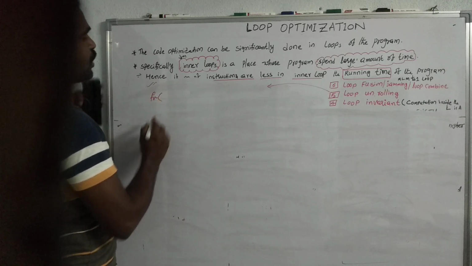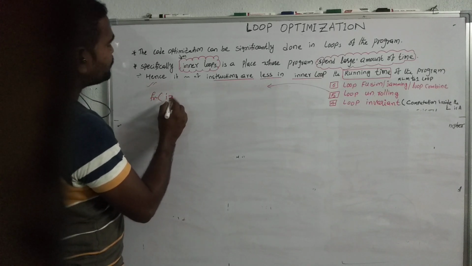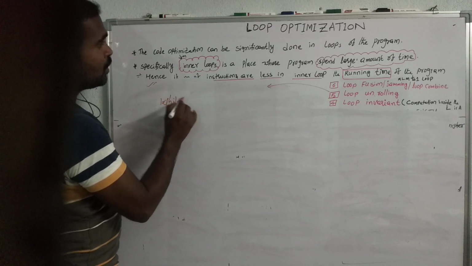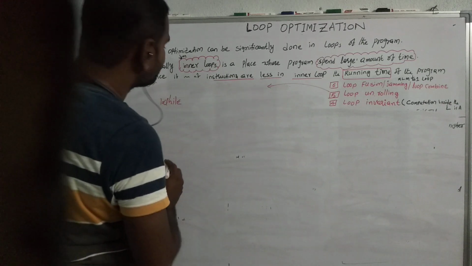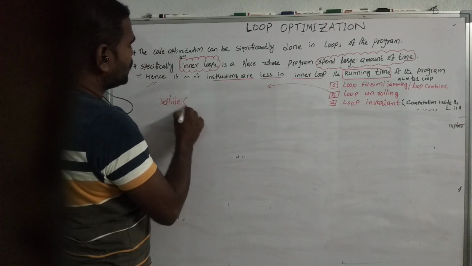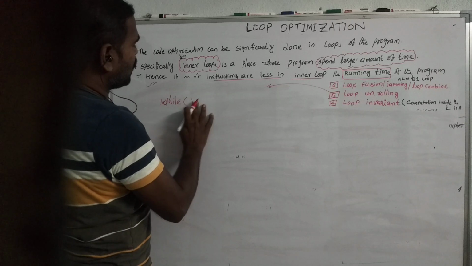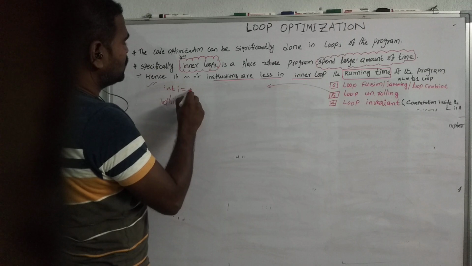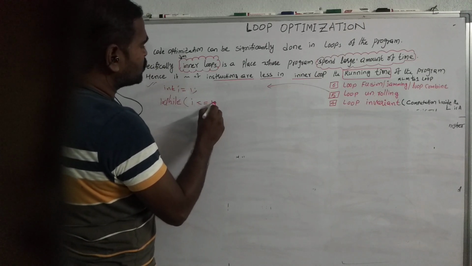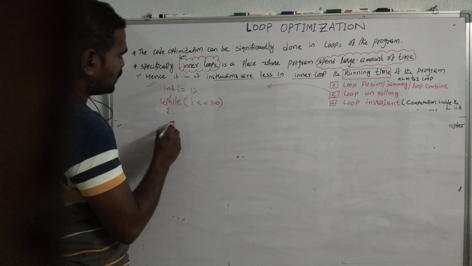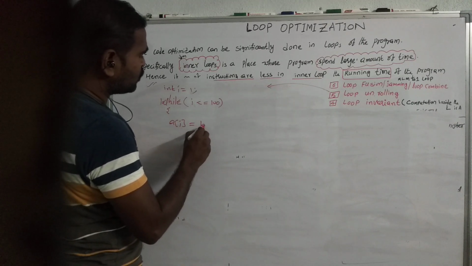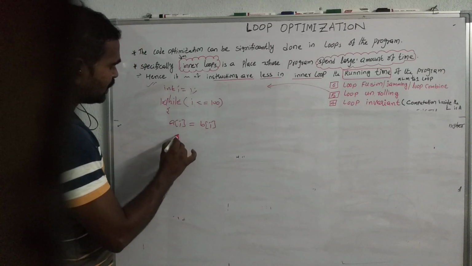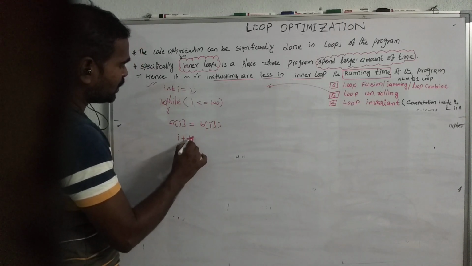Suppose I take a while loop: I equals 1, while I less than or equal to 100, a of I equals b of I, after that I plus plus.